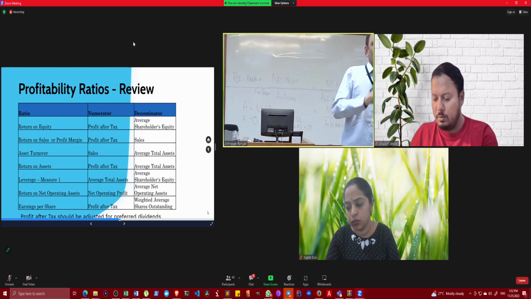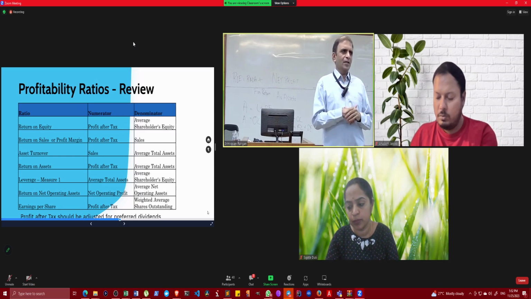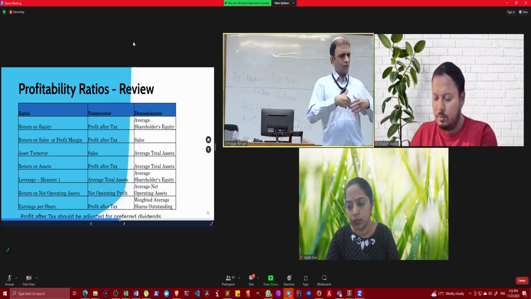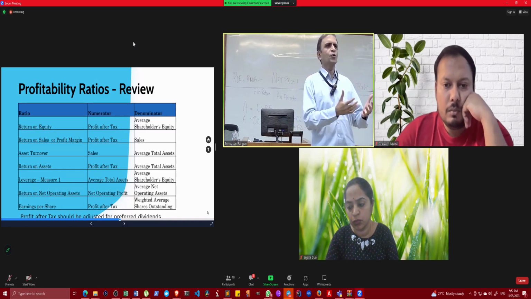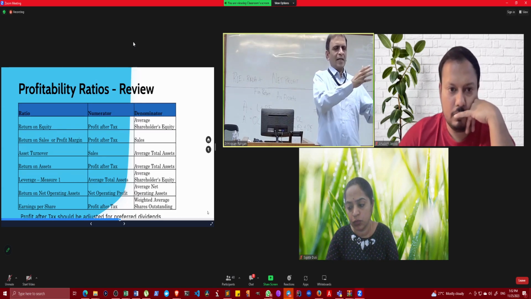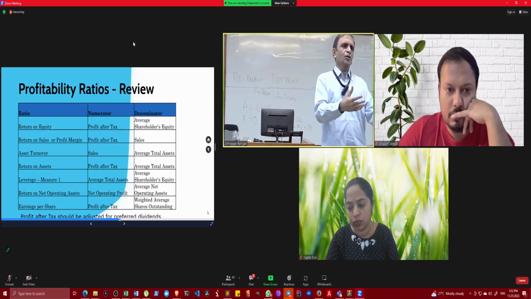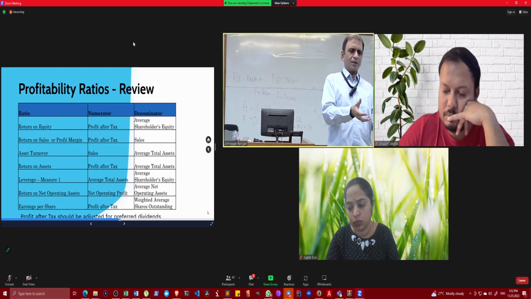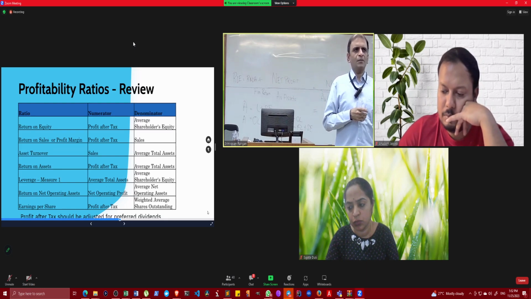Shares outstanding, very good question. Think of the following. You just started your company, you've registered yourself as a company. You will issue shares to your different shareholders. Let's say it's just you and a partner. You put 100,000 each, so you have capital of 2 lakhs, and then you have to decide the price per share.